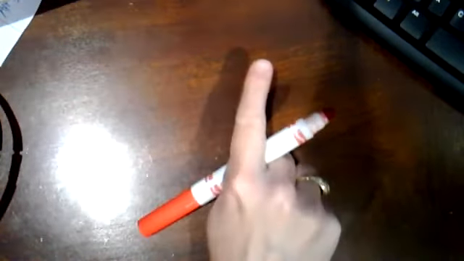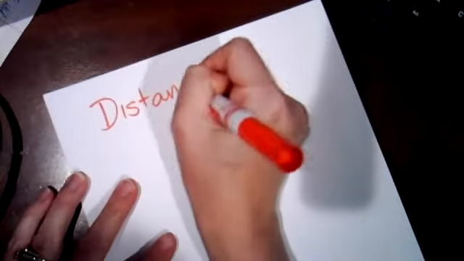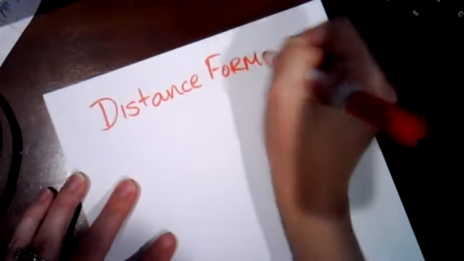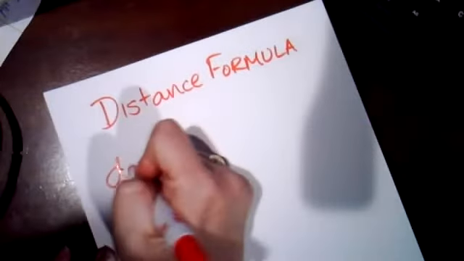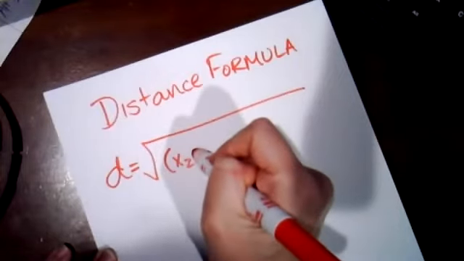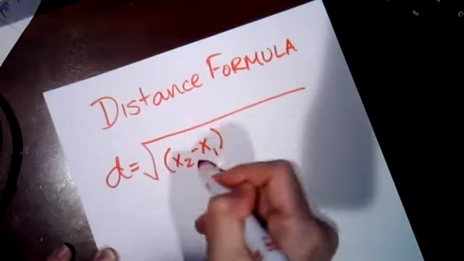Okay, here we go. So this formula, this is what you need to write down as your distance formula. I can redeem my spelling, right? Distance formula. Okay, right there. D is equal to the square root of x2 minus x1, squared.